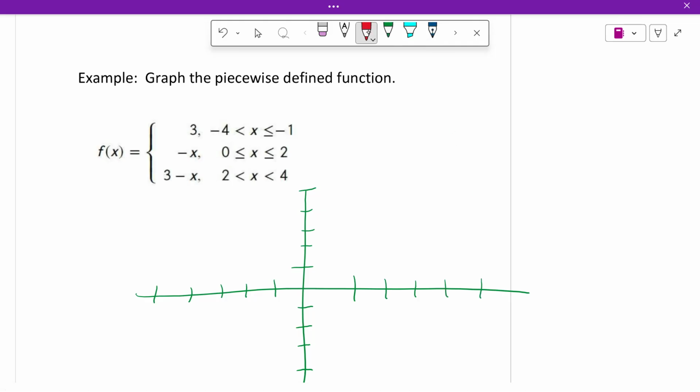Okay, so let's do this one in red. From negative 4 to negative 1, it's 3. This is the y value. Where's the y value of 3? 3 up. Okay, so if we go with negative 4, 3, and this would be an open circle here, and it'd be a horizontal line till negative 1.